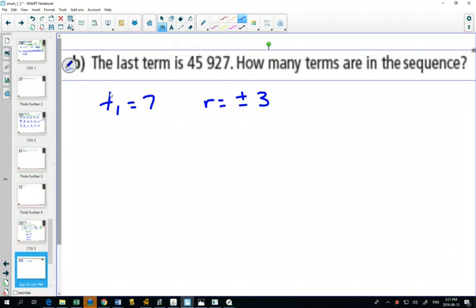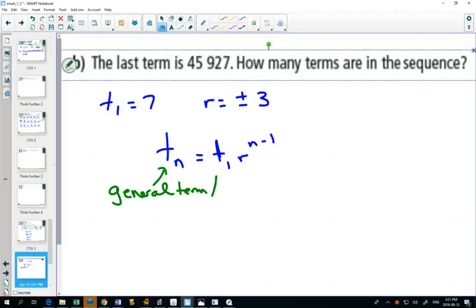So in our formula, just like in arithmetic sequences, this Tn stands for a general term, but there's lots of questions where we think of it as the last term. So if the last term is 45,927, I can plug that in, 45,927 for Tn.